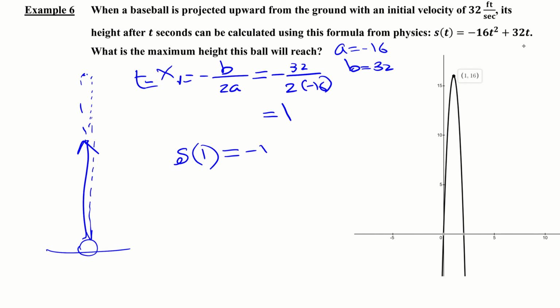So we're going to get negative 16 times 1 squared plus 32 times 1. Notice that's going to be negative 16 plus 32, which is 16. So this ball, from the time that it leaves till the time that it reaches its height, takes only 1 second, and by the time it reaches that, it has reached a height of 16 feet in that 1 second.